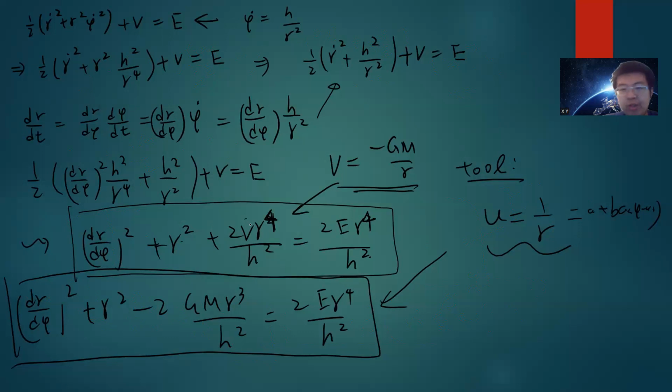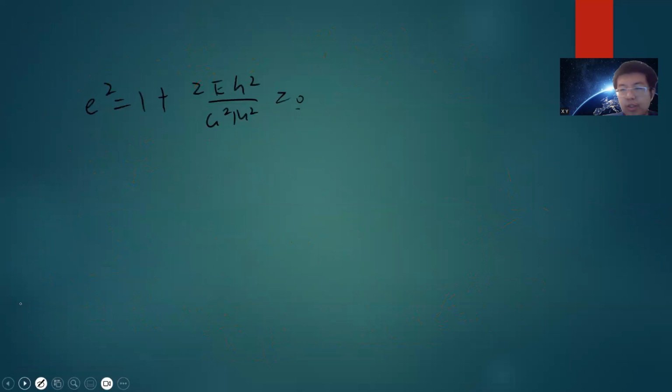So basically, once you have this equation, you can go back and solve. If you plug the orbit into this differential equation, then you will solve this term to be 1 over r squared, if you know your answer is an ellipse. Yeah, so basically this is the strategy.